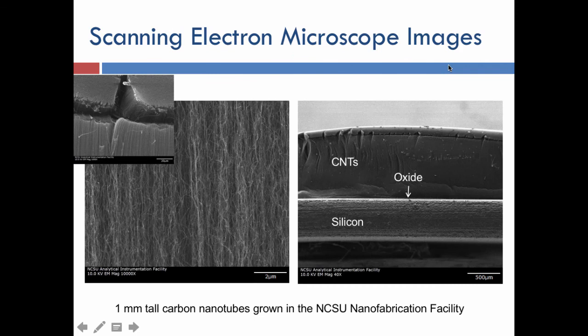This is an example, as seen from a scanning electron microscope, of some carbon nanotubes that were produced at NC State. And you can see that they're about 1 millimeter tall, and they were grown on a silicon substrate with some oxide, and so these are very, very tall and long carbon nanotubes, all intermixed with each other, as you can see.